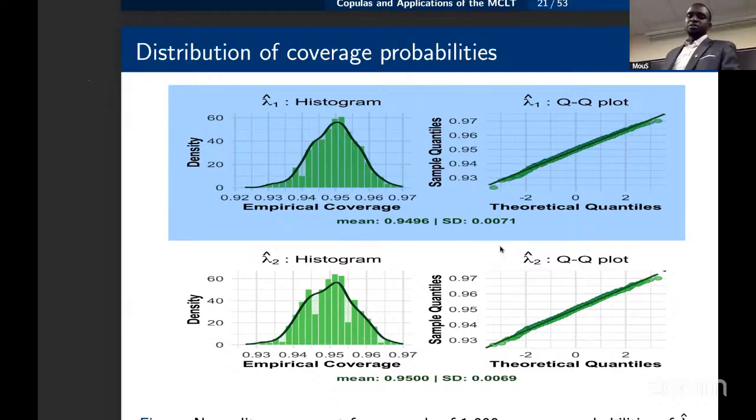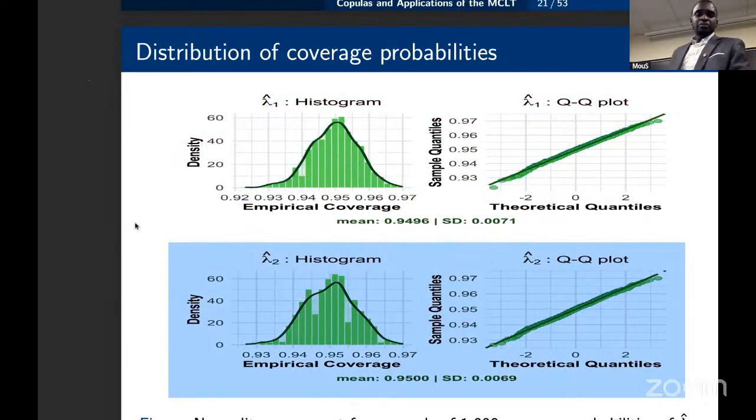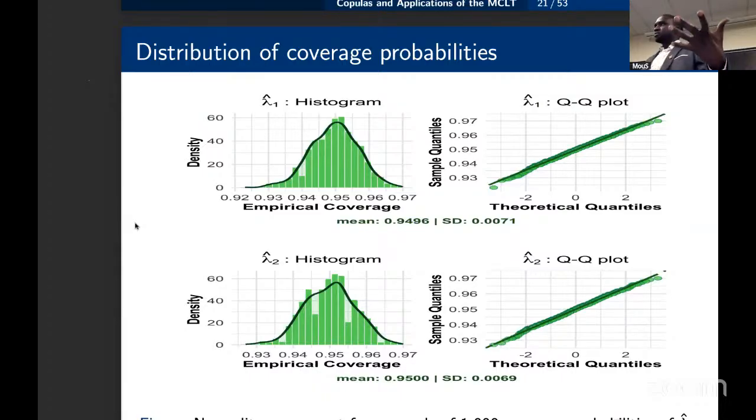So the coverage probabilities of the confidence interval obtained in the previous theorem are normally distributed, which confirms our results in that theorem as well. So this is a graphical proof of the previous result that it holds.